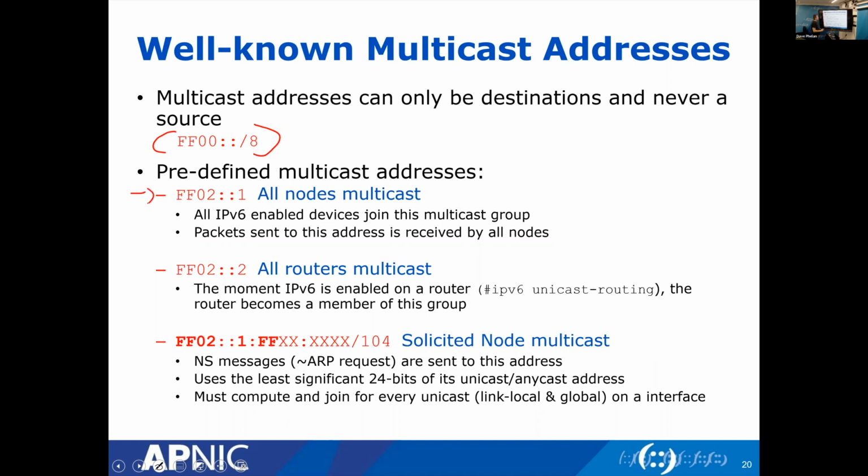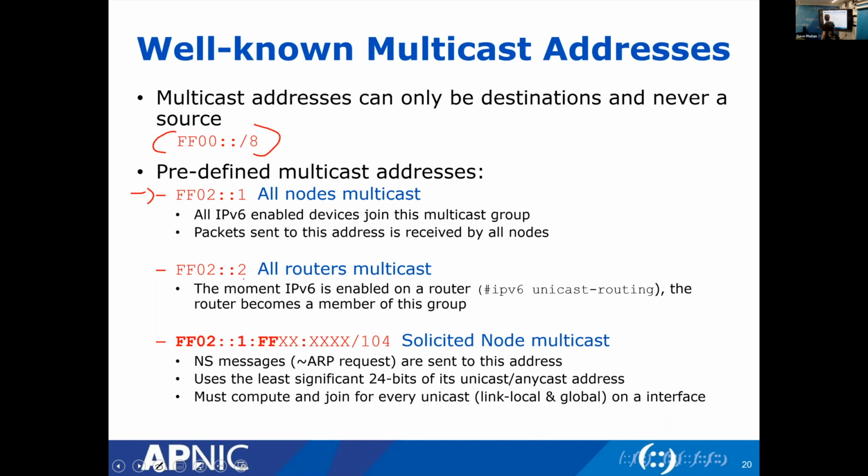So the first one is FF02::1. That's our all nodes multicast. So any IPv6 enabled device that's on a network segment will join this multicast group. They'll listen, and any packets that are sent to this will be received by everybody.